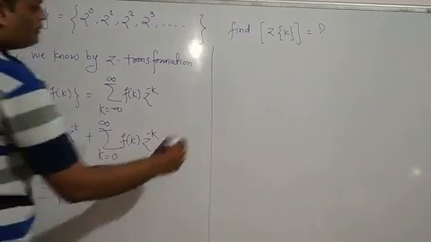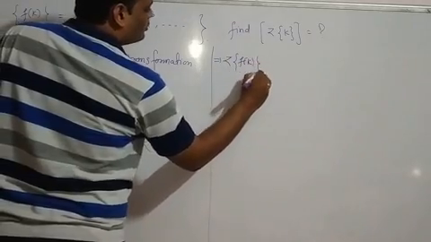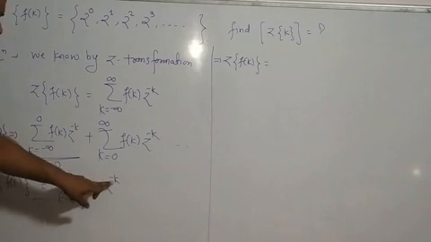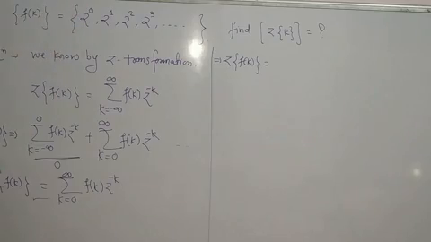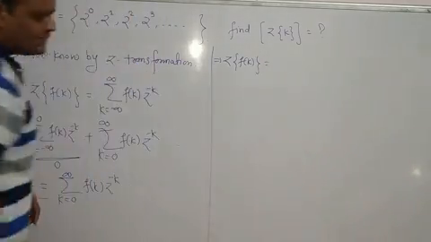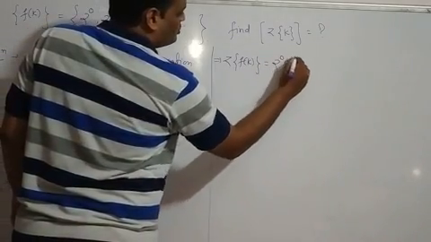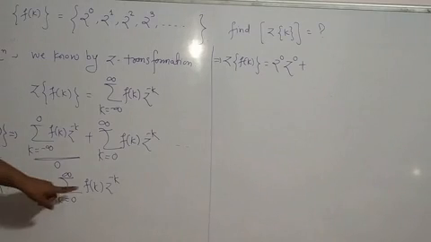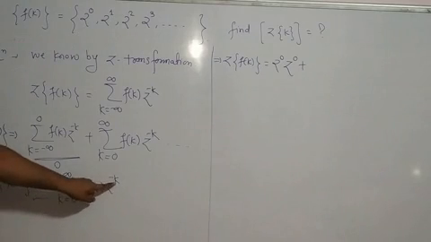So how will the sequence become? z of f of k is equal to, now put 0 over here. What you get is f of 0 z raised to minus k. Now what is f of 0? You have 2 raised to 0, right? So you have the sequence as 2 raised to 0 z raised to 0 plus, now substitute 1, so you have f of 1 z raised to minus 1.